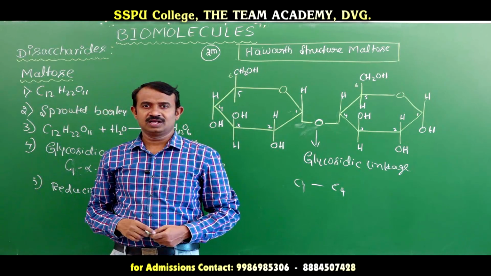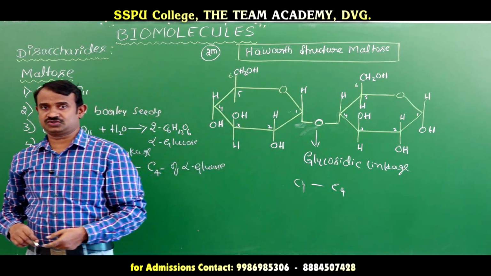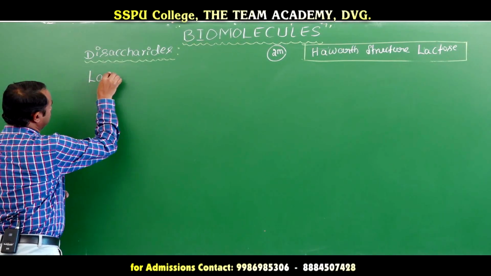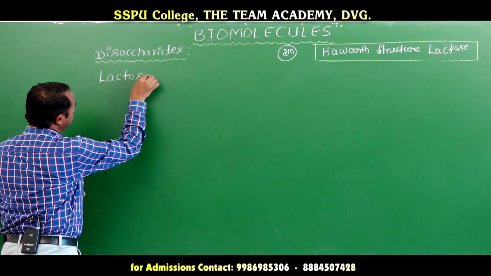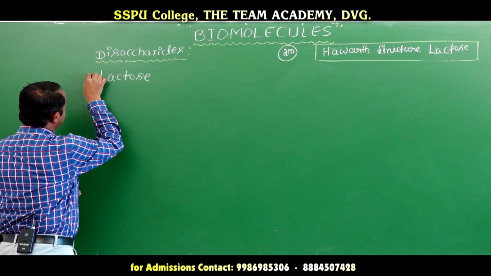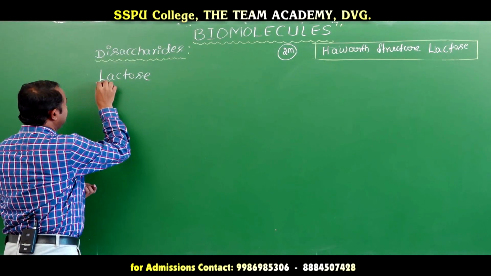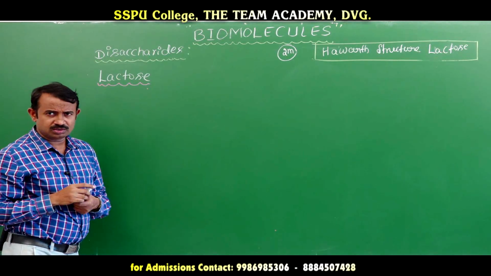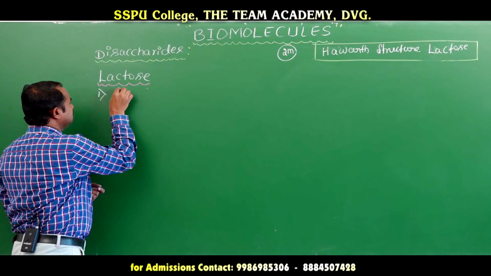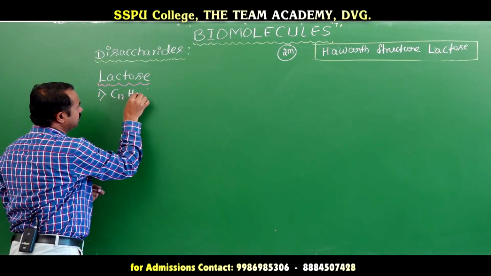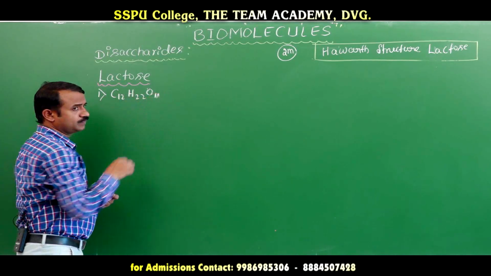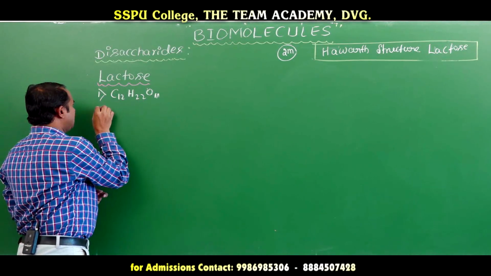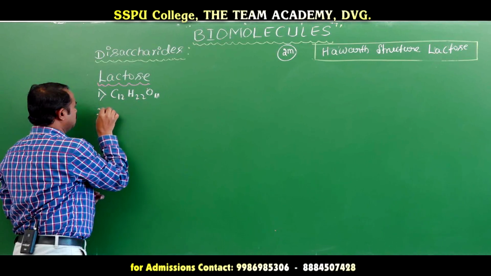Next we will write the structure of galactose. Next another disaccharide, that is called lactose. Here also the same formula, C12H22O11.